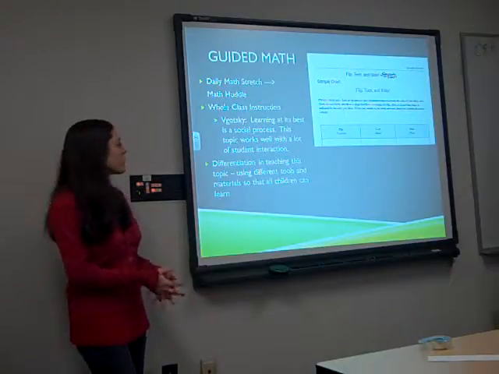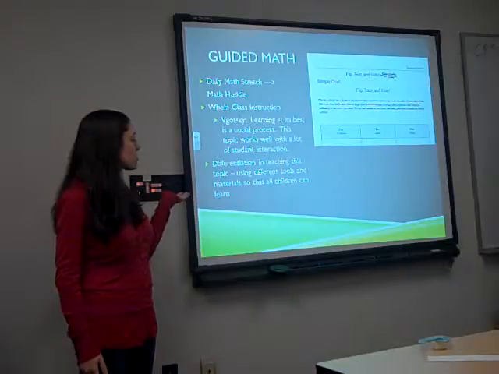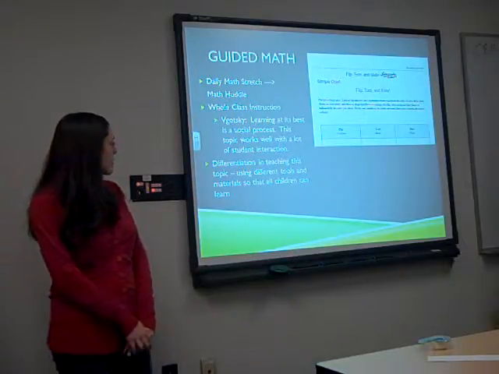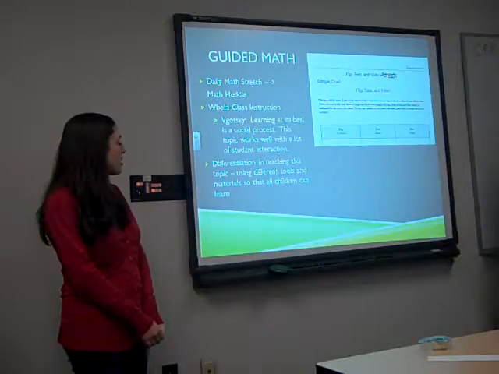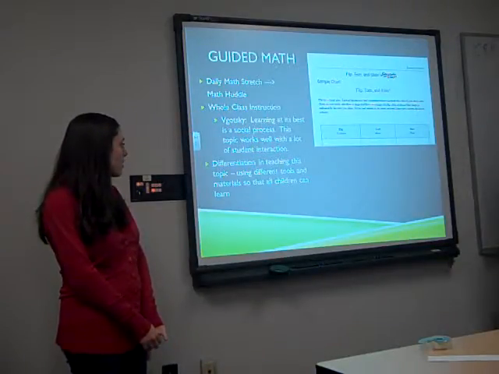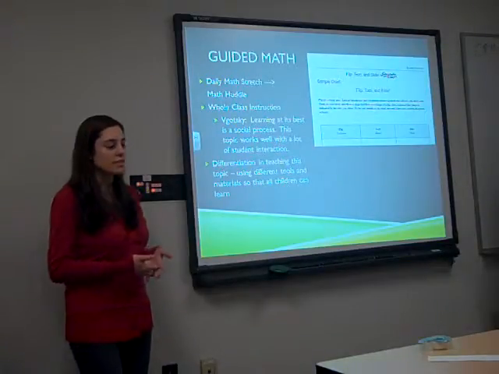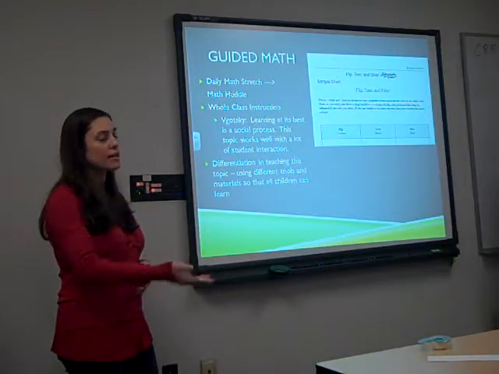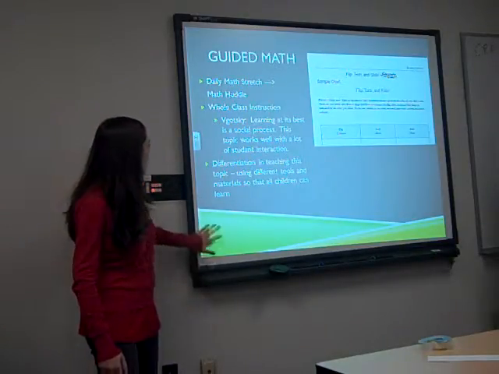That's why we said learning at its best is a social process. And then also differentiation in teaching this topic, using different tools and materials so that all children can learn, such as the pattern blocks, their bodies, and art.